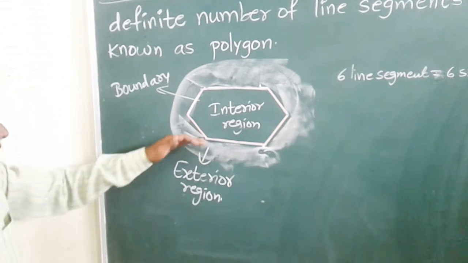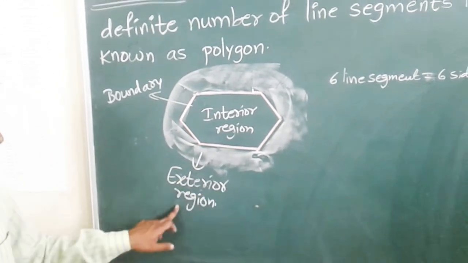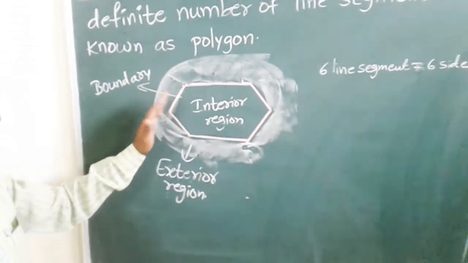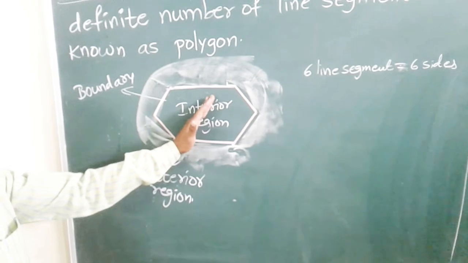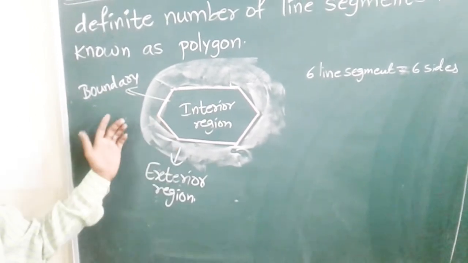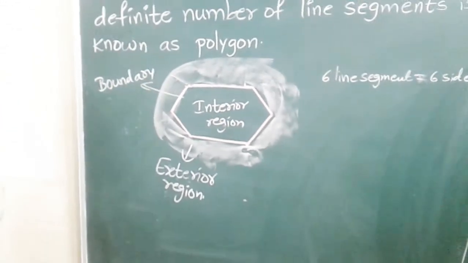The region which is outside of the boundary of a polygon is known as the exterior region, and the line segments which are separating the exterior region and interior region are known as the boundary.